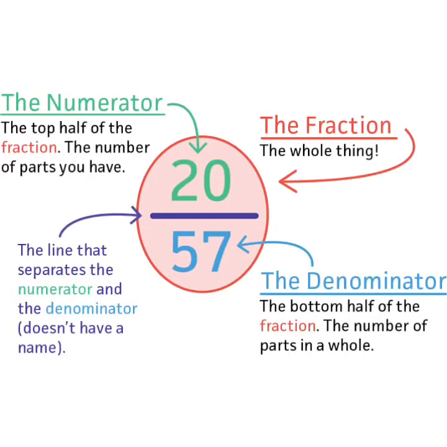And what is the numerator here? Yes, 20. That means out of 57, 20 is the number which is thought of. So in 20 upon 57 or 20 by 57, 20 is the numerator and 57 is the denominator.